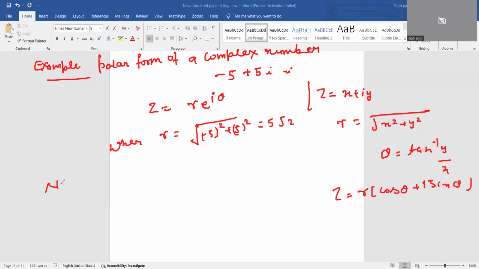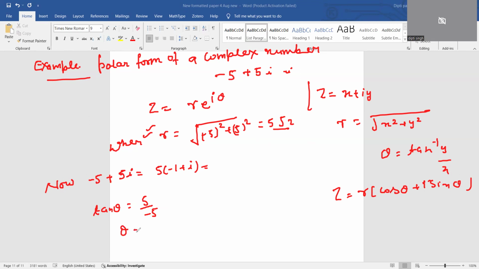Now we have minus 5 plus 5i. We can write it 5 times minus 1 plus i. From this, we can get the value of modulus is this, and value of tan theta will be 5 upon minus 5.